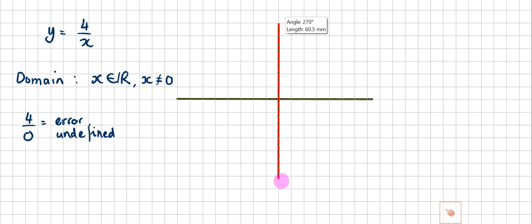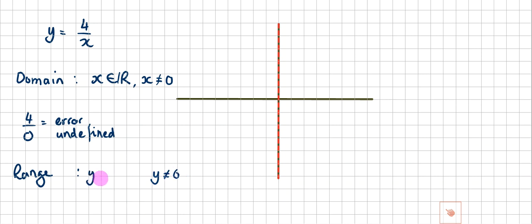It's the y-axis, isn't it? Yeah. The y-axis has equation x equals 0.